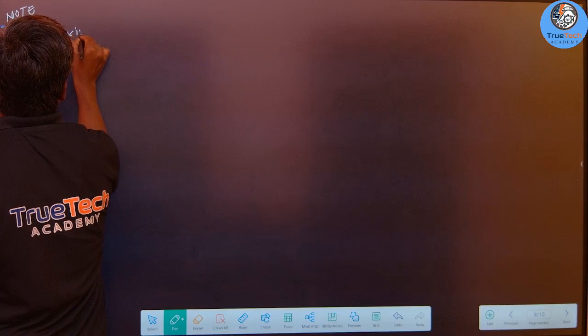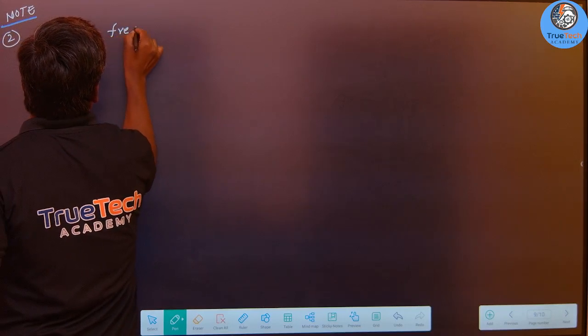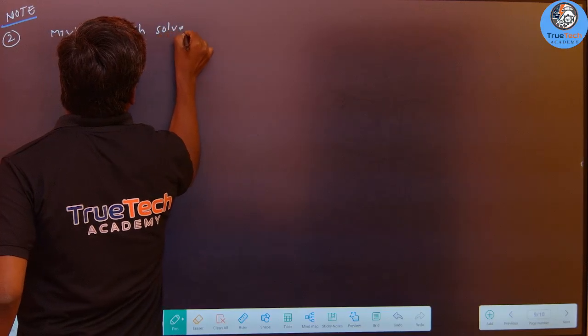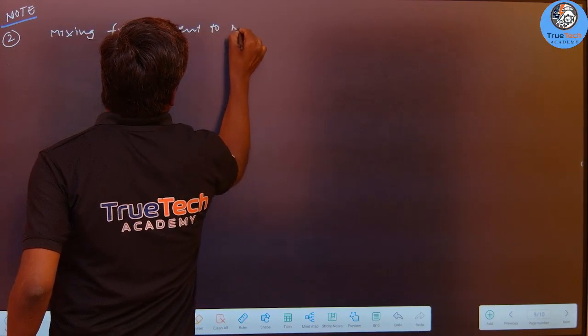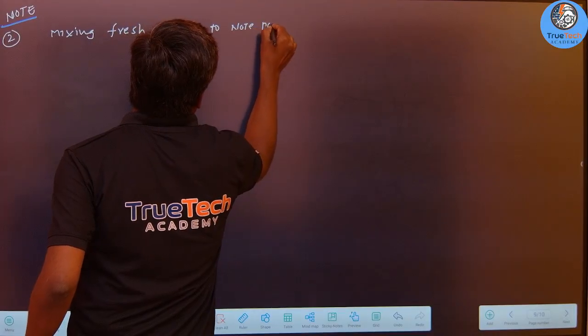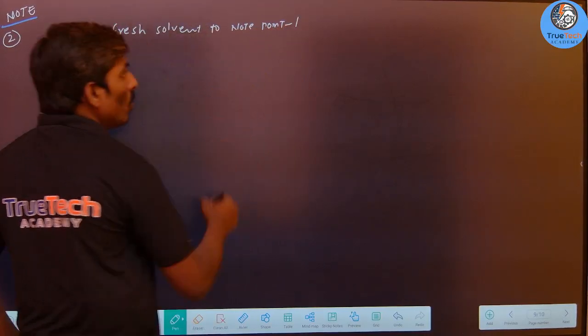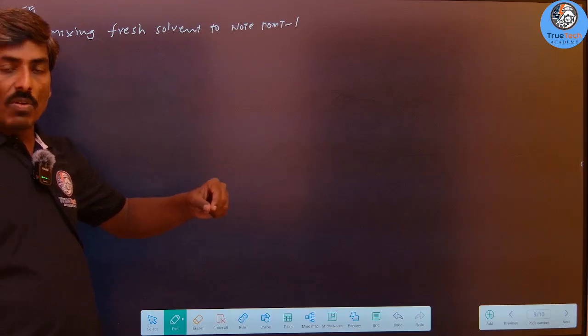Mixing fresh solvent to note point 1. We already wrote note point 1; to note point 1 we add fresh solvent.